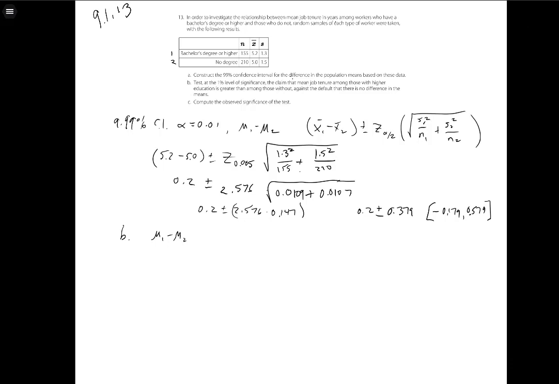Is it equal to 0 or is it not? So this will end up being our null hypothesis, that it's 0, so D0 is going to be that 0. The alternative hypothesis is that the difference between the two means is not equal to 0.